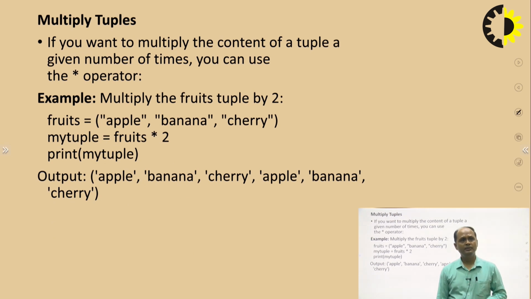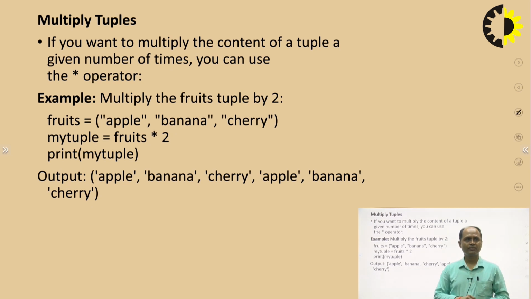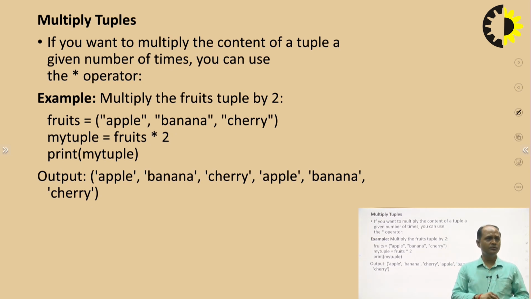And how does multiplying tuples work? It simply works with the multiply sign. Suppose we have a tuple of 3 items and we want to repeat those items.